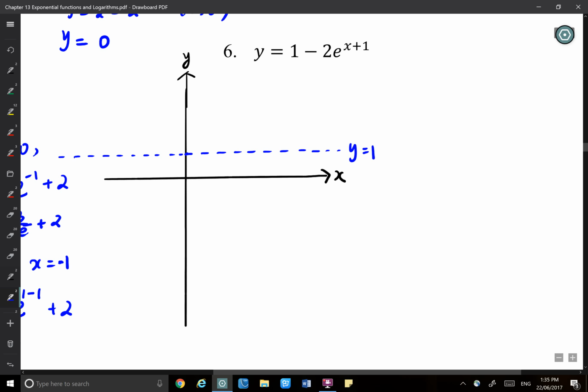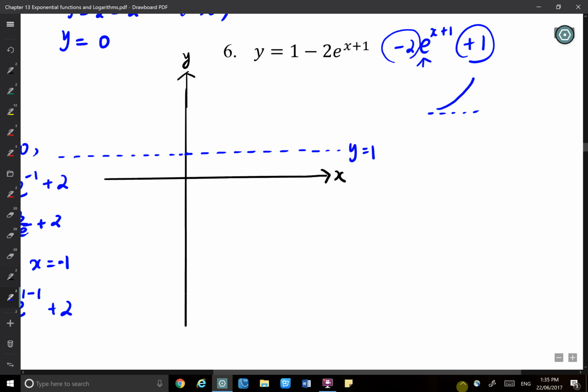Okay, y equals 1. And first, I will say that's negative 2e^(x+1) plus 1, like that. So the constant is 1. And then e is the base. So the basic shape looks like that.